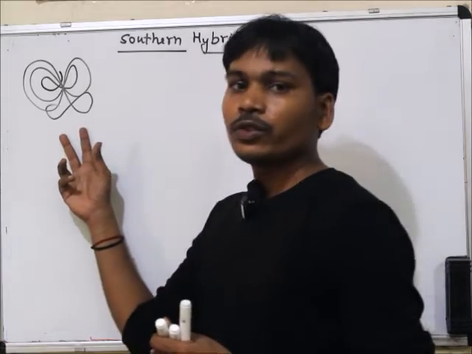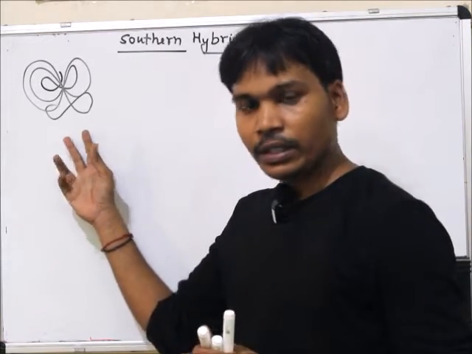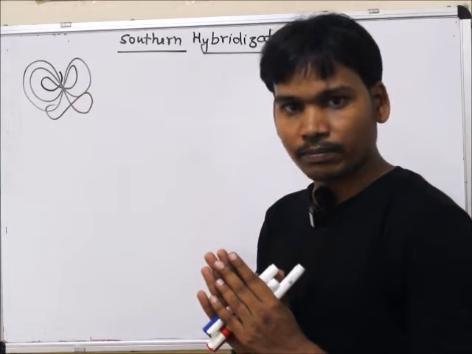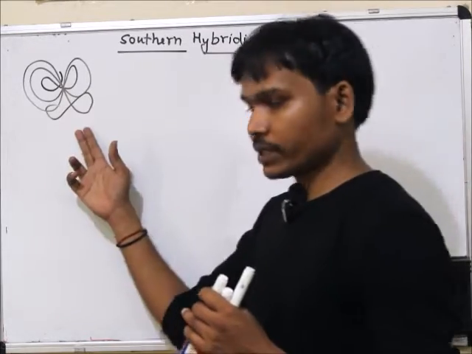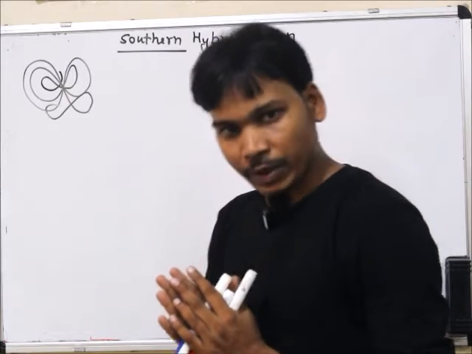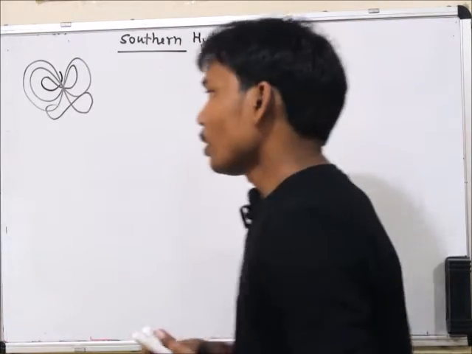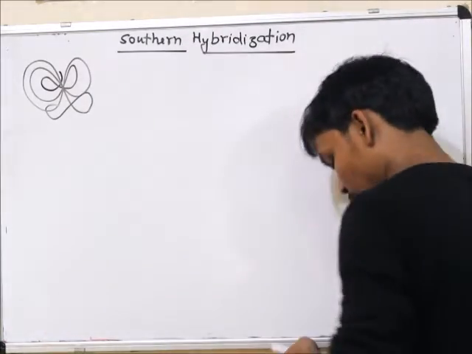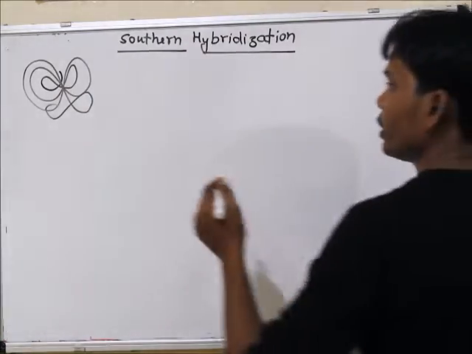It needs to be fragmented into many parts. How can we fragment it? You know that restriction endonuclease cuts into many different fragments at specific sites. Suppose we want to know whether there is a specific sequence within the DNA.